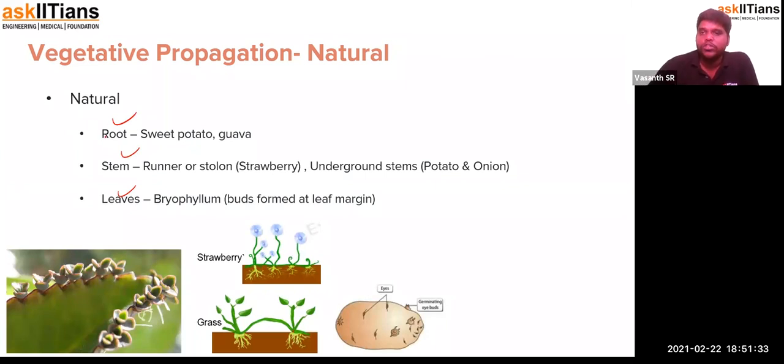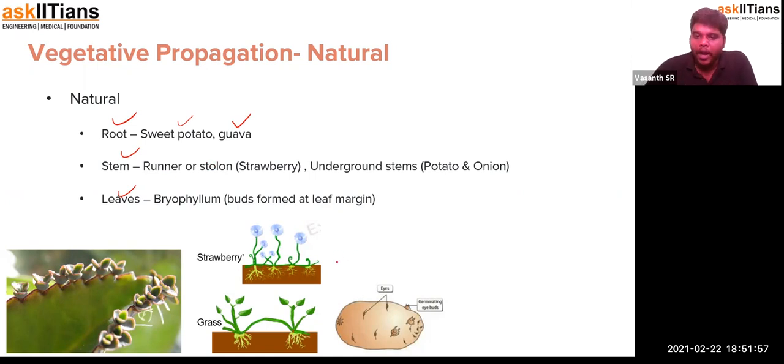These parts are the vegetative parts which give rise to new individuals or new plants. When you talk about roots, sweet potato is a good example from which a new plant could be formed if it is cut off. And guava roots can be planted and can give rise to new plants. When it comes to stem, there are two types, runner and stolon. That's the primary differentiation. The stolon example is strawberry.